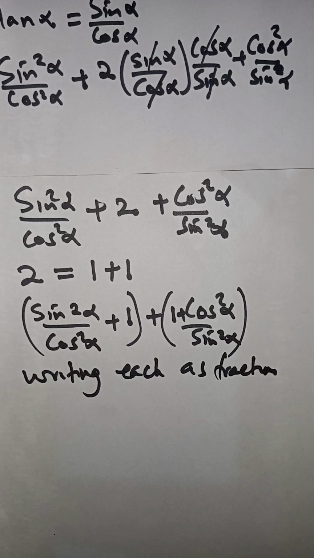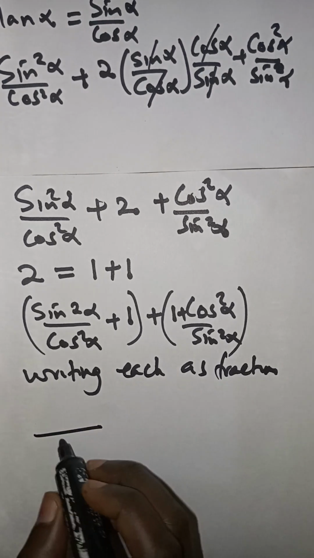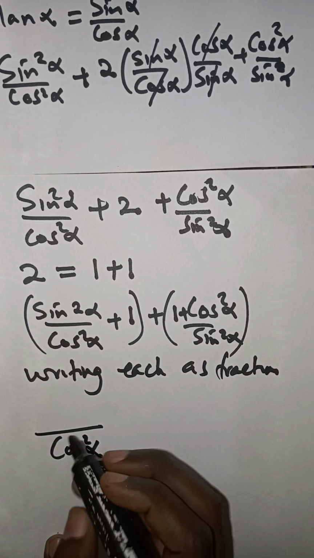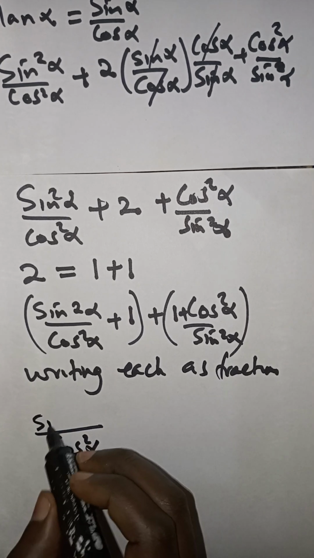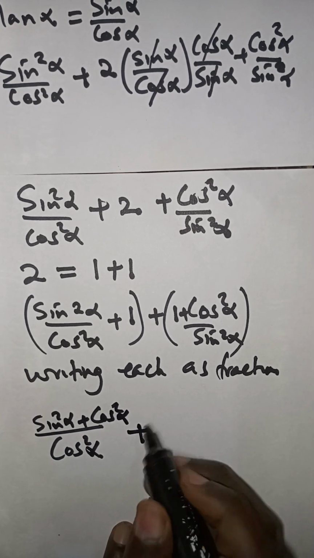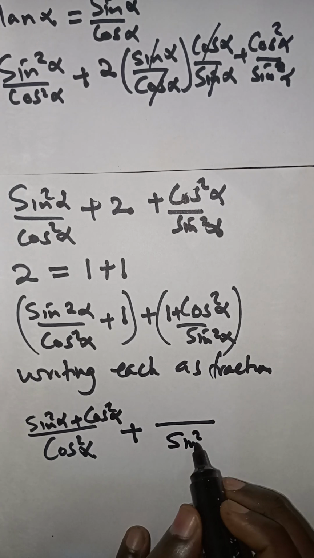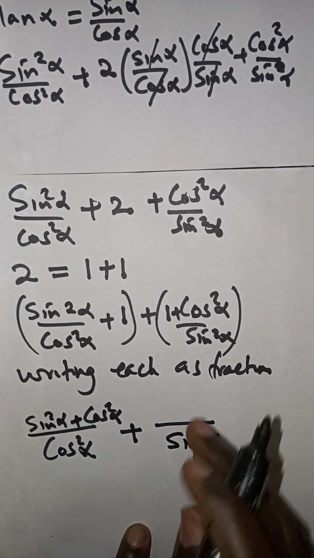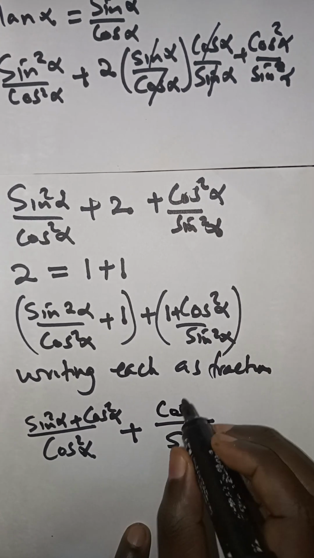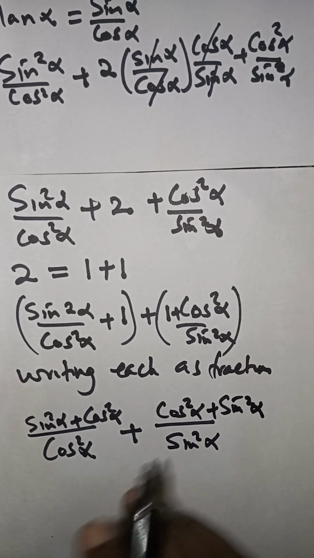Writing this as a single fraction, I get cos squared alpha plus sine squared alpha over cos squared alpha, plus on the other side, sine squared alpha plus cos squared alpha over sine squared alpha.